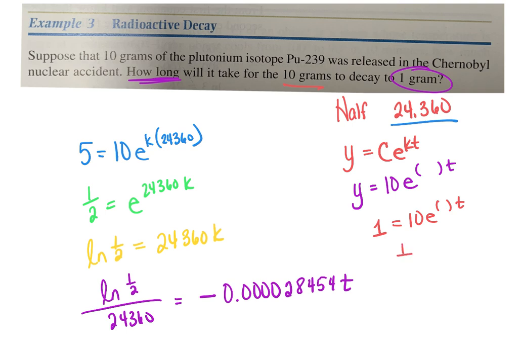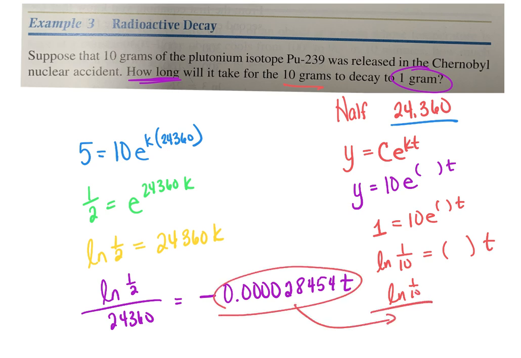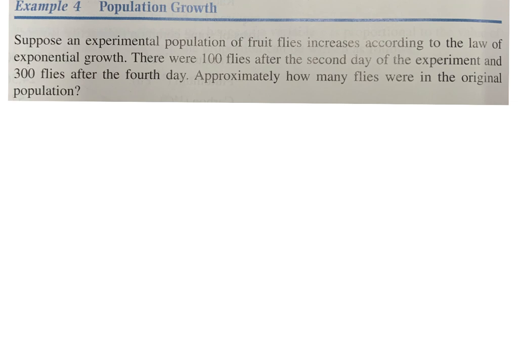Well, it helps to write. The natural log of this is going to be equal to that guy times t. Natural log of this divided by this guy will equal how long it will take. And when you do that, by the way, for 10 grams to go to 1 gram is 80,923 years.